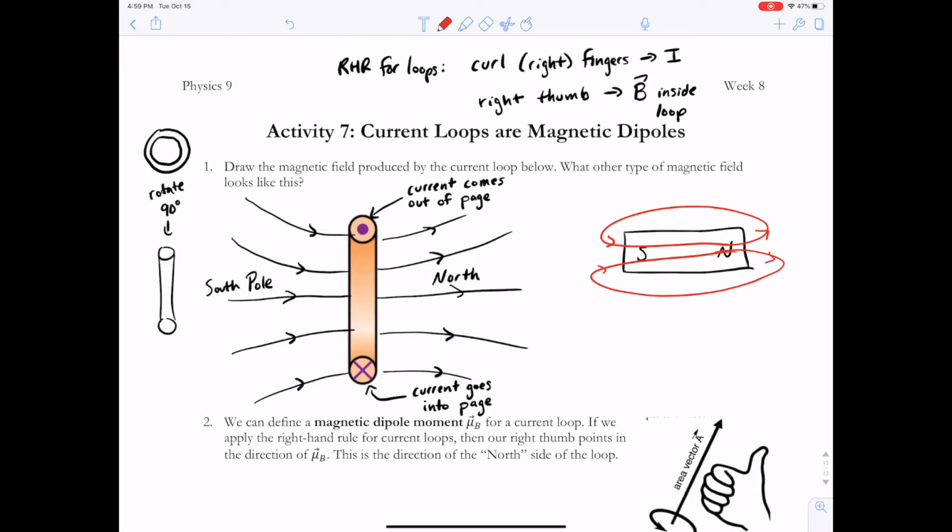And so what we can say is that a loop of current creates a magnetic field that looks like that of a bar magnet, and it doesn't just look like a bar magnet. A loop of current actually acts like a bar magnet.